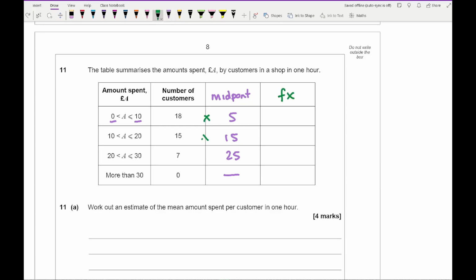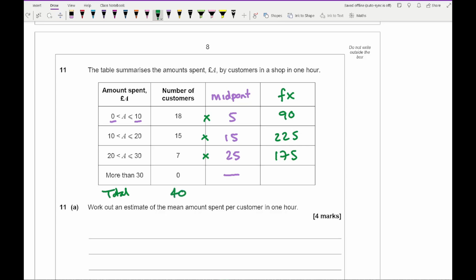So I multiply the frequency by the midpoint. So that's going to be 18 times 5, which is 90. 15 times 15, which is 225, and 7 times 25, which is 175, giving me a total. Well, the total frequency is going to be 18 plus 15 plus 7, which is 40.